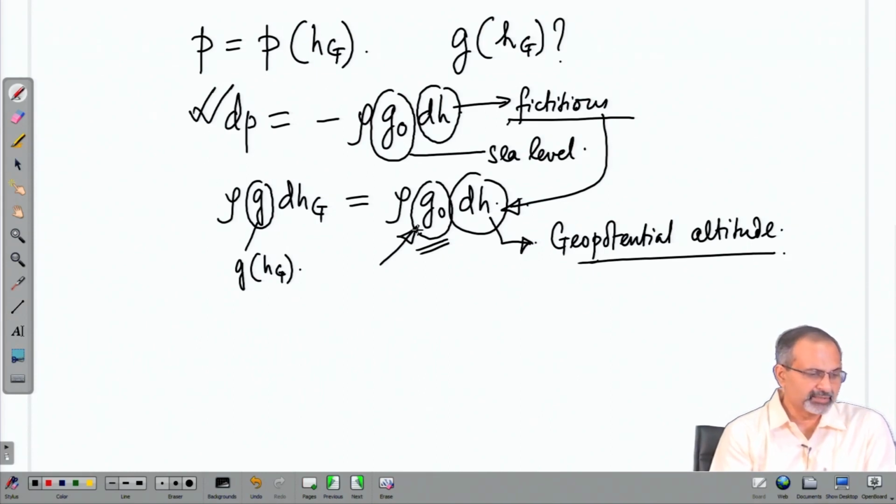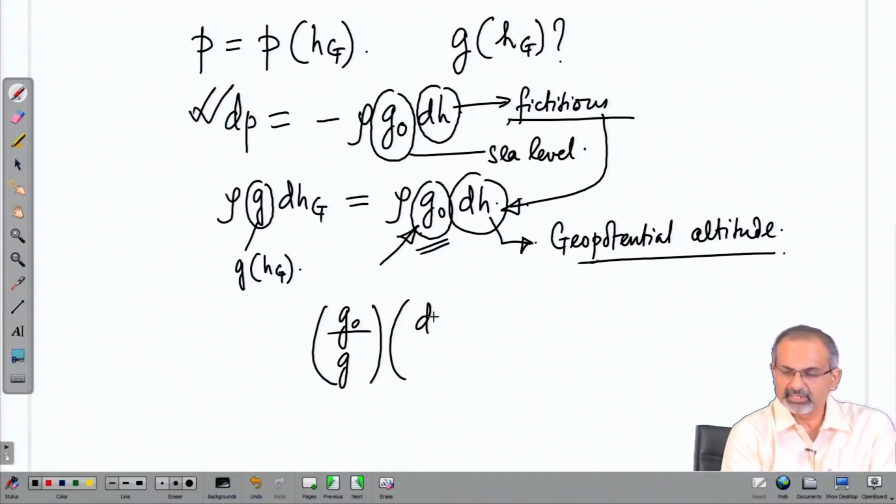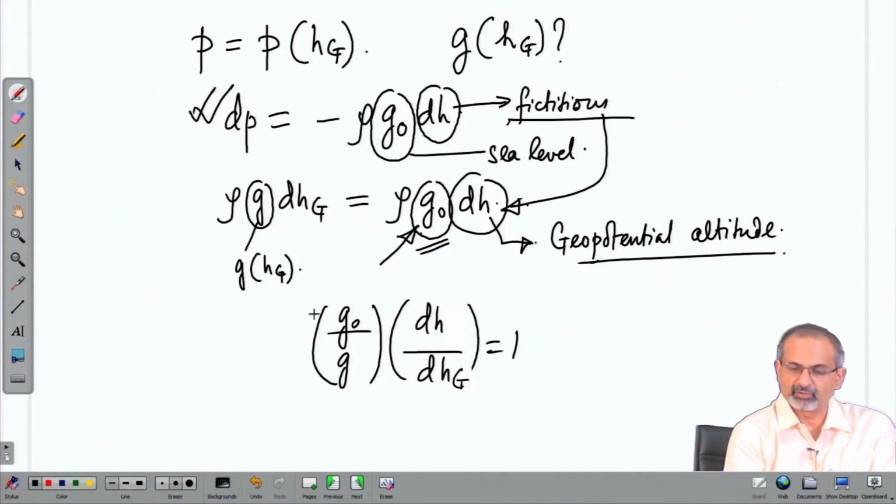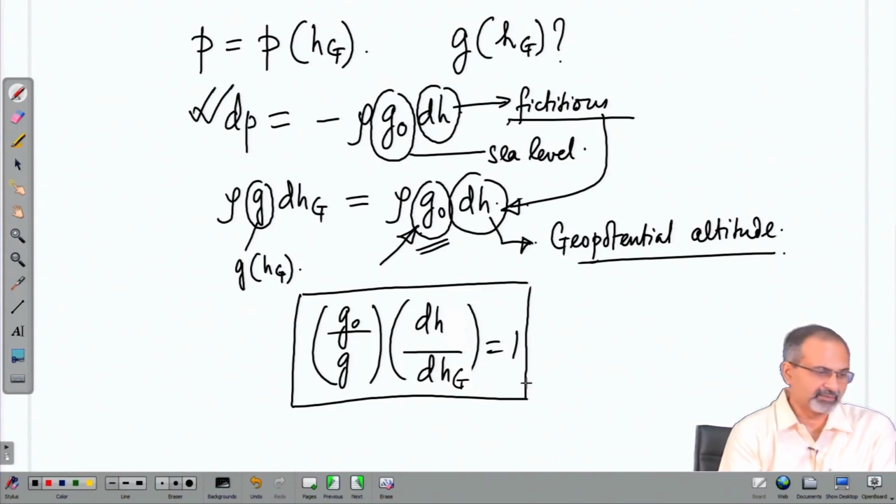Now, if you equate the two, what do you get? You get a relation like this, that g by, or rather g naught by g into dH by dHg is equal to 1. This is the kind of relation you will get.